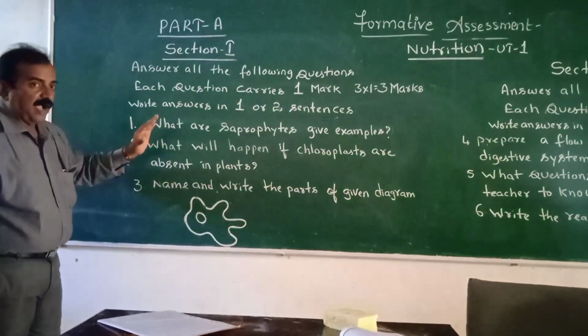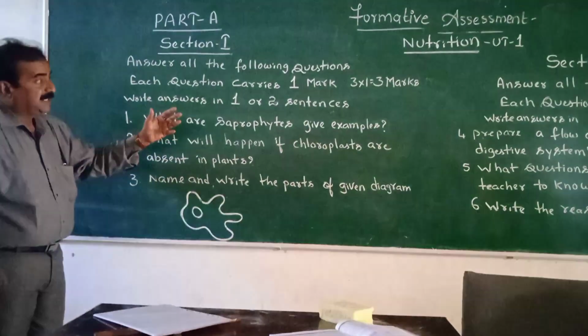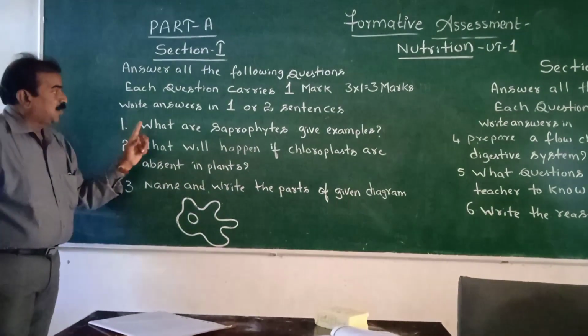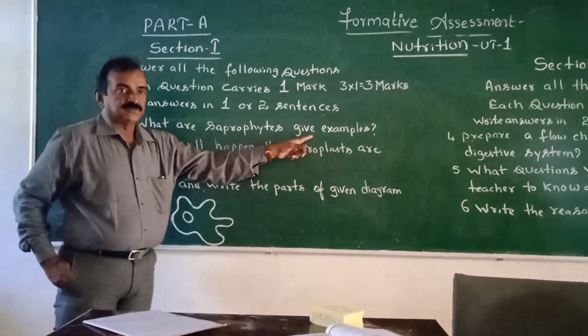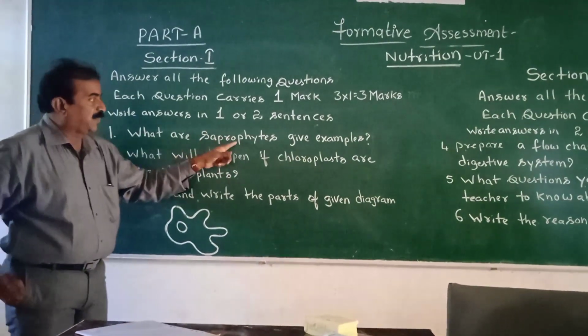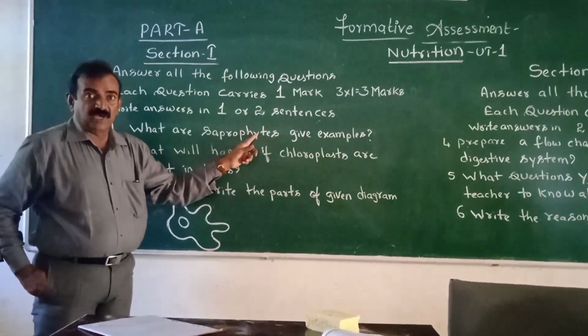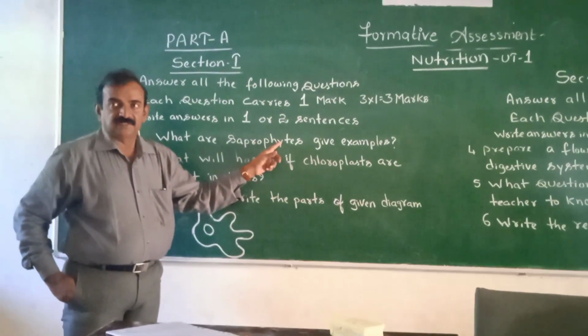And now I am telling you the questions that are given for formative assessment. First question: what are saprophytes? Give examples. This information is at page number 12, saprophytic nutrition.